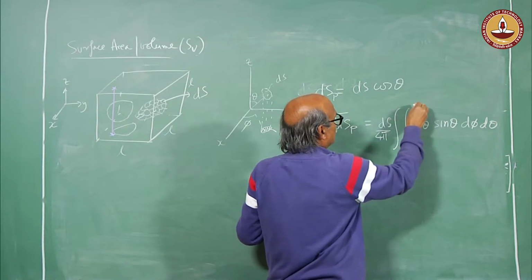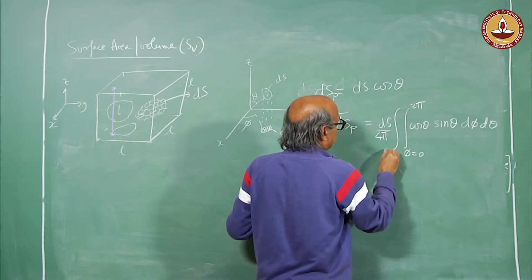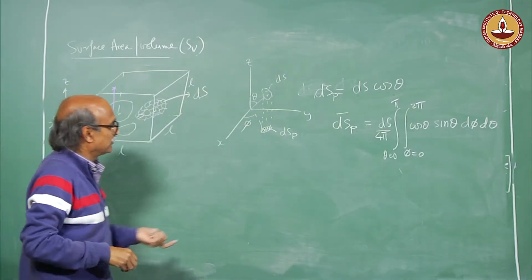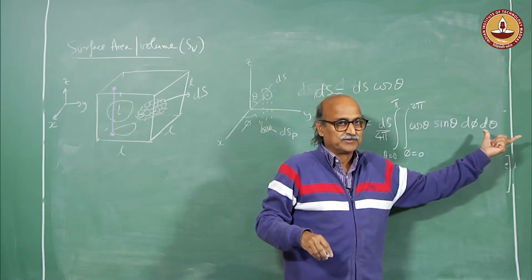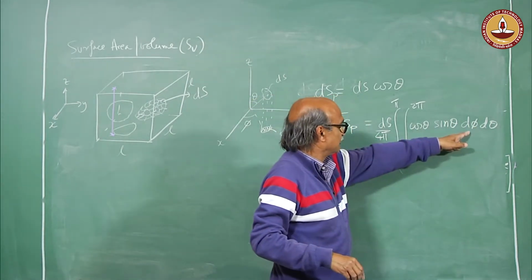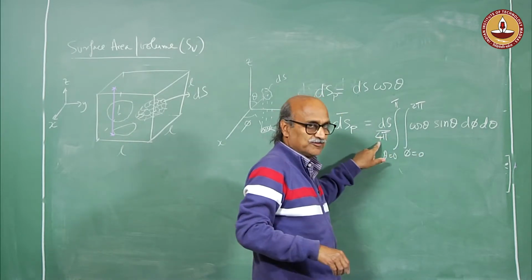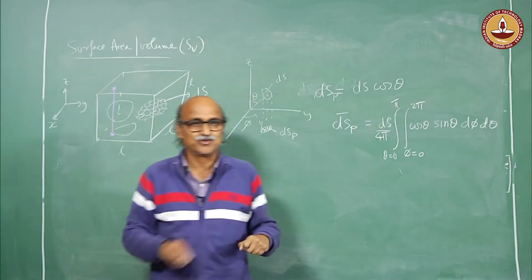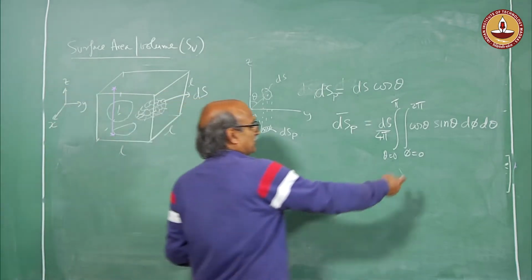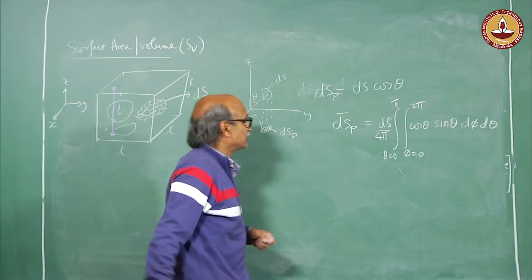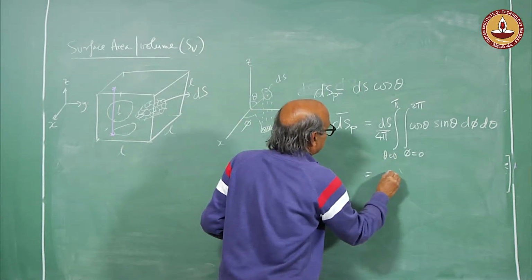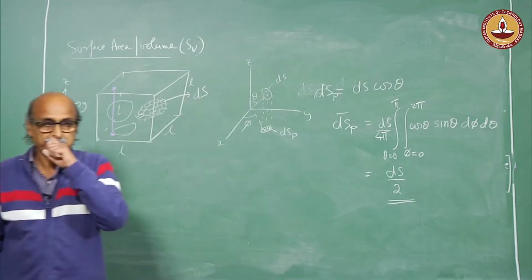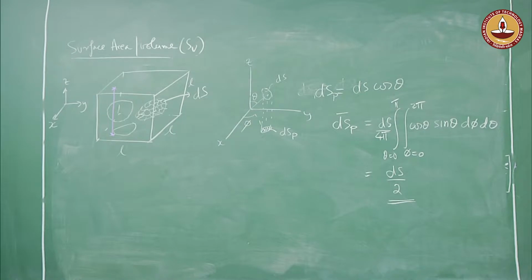Phi varies from 0 to 2 pi, theta varies from 0 to pi. Now, I am sure you would be able to solve this integral. First integrate with respect to phi, you will get 2 pi, which will cancel with 4 pi. You do not need to integrate all the way from 0 to pi, you can integrate from 0 to pi by 2, so a factor of 2 will come, and you just have to integrate this cos theta sin theta term, which is a straightforward integral, and the result I am writing directly is ds upon 2. Okay. This is the result.